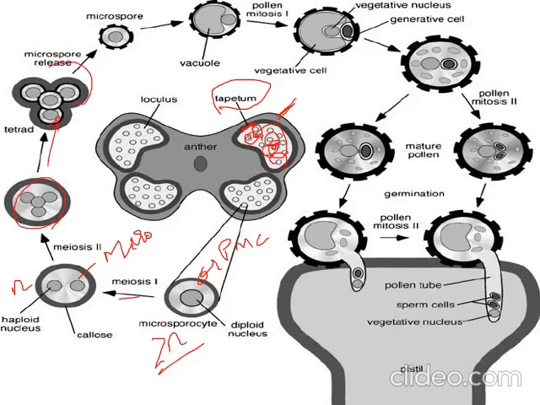This is a tetrad arrangement, and upon maturation they will be released as microspores, which are the immature pollen grains.